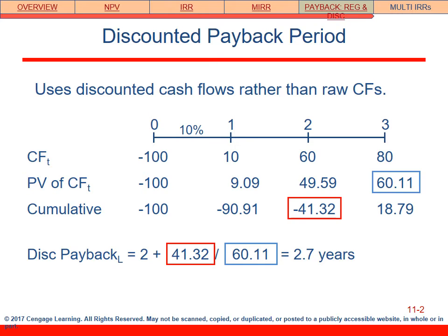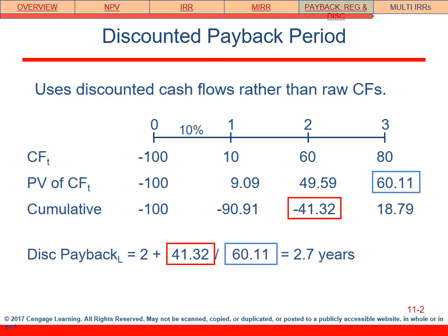So the total recovery will occur somewhere between years 2 and 3. So our discounted payback for project L is 2 years plus the $41.32 we have left to recover after year 2 and $60.11.